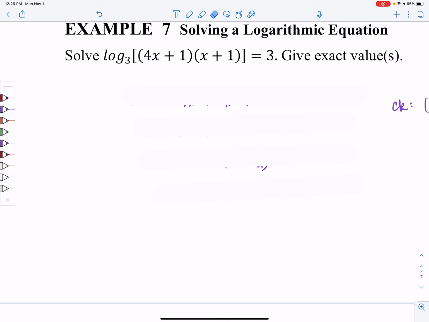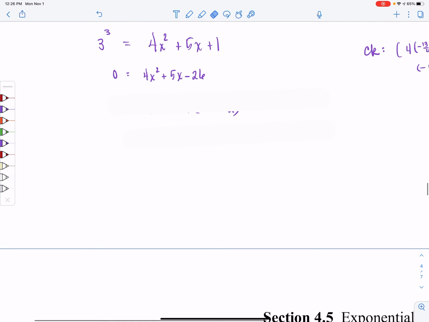Okay, so 3 to the 3rd is going to equal, I went ahead and FOILed these two binomials together. I got 4x squared plus 5x plus 1. And then my 3 cubed is a 27, so we went ahead and moved that to the other side by subtraction. I was able to factor, and then I can solve my two factors. x is equal to negative 13/4 or x is equal to 2.